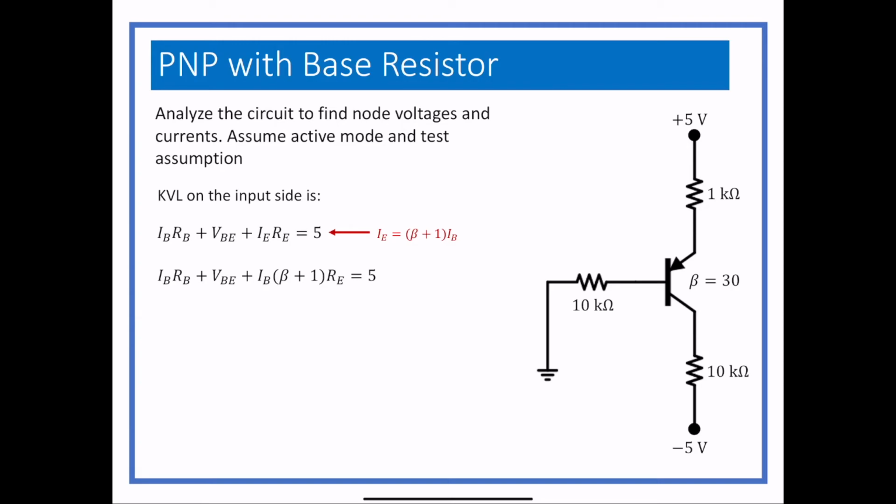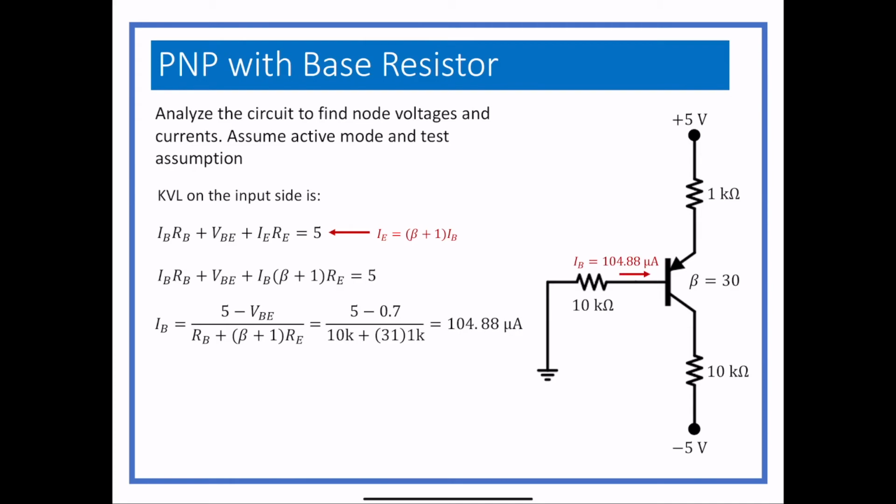So IB, we're just going to take the total voltage across IB, which is just going to be 5 minus VBE, and we're going to divide by the total resistance, which is RB plus beta plus 1 RE. And when we do that, we get 104.88 microamps.